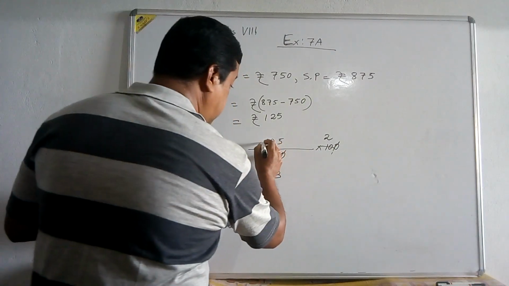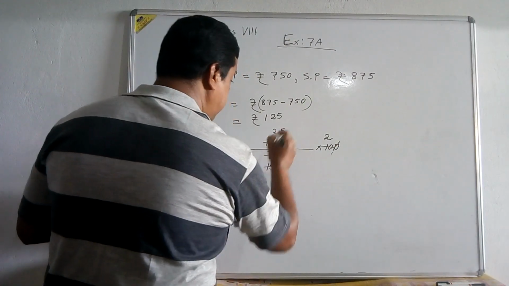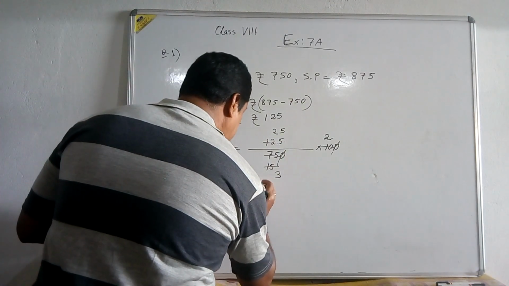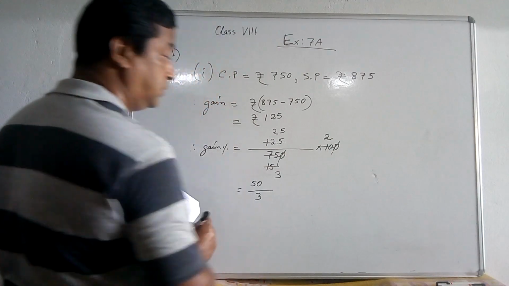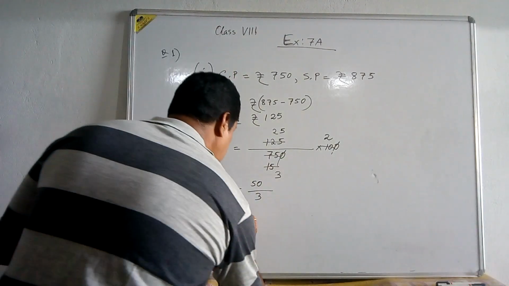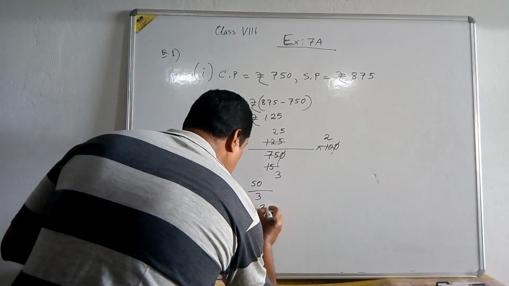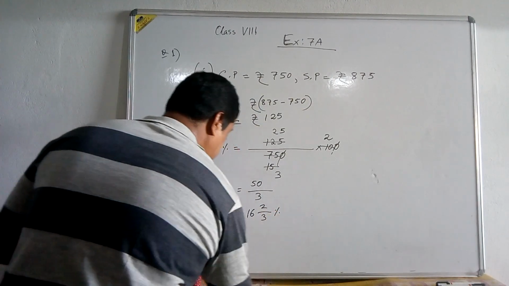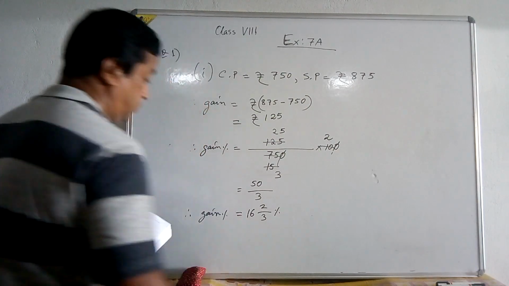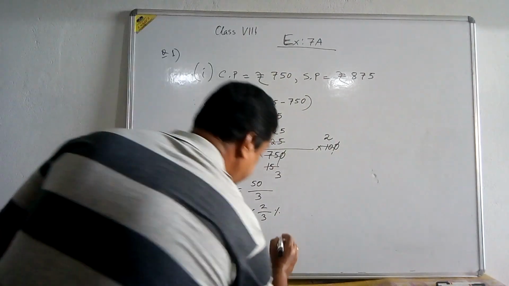If you divide 125 by 5, you get 25. That means you get 25 into 2, that is 50 by 3. That means you get 16 whole 2 by 3%. That is the gain percent, so that is the answer.